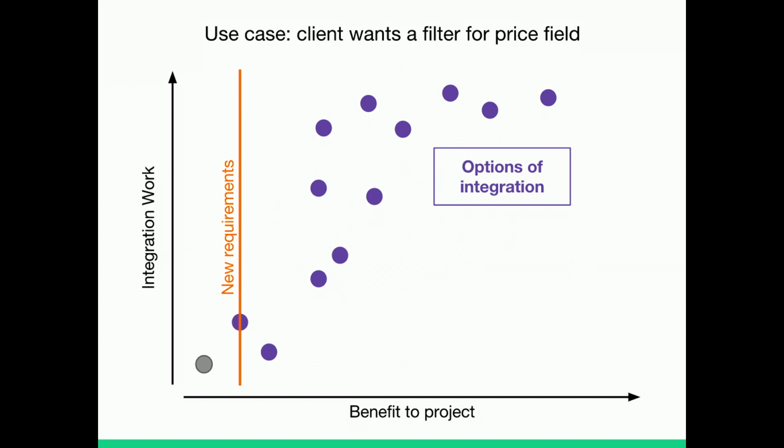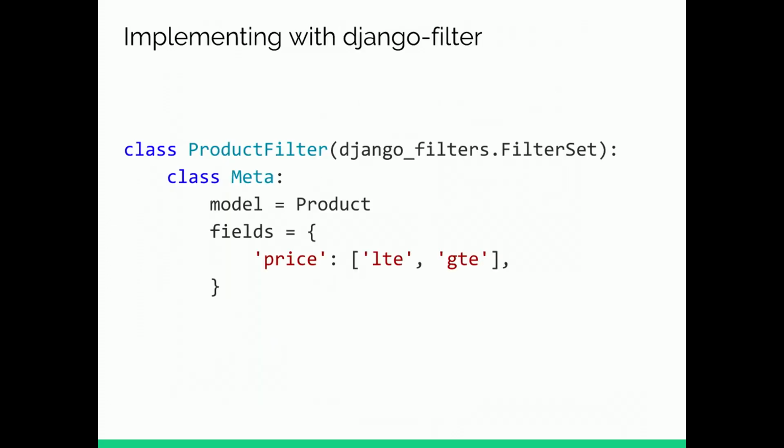Then you have new requirements that prevent you from using the simpler option of integration. Now you have to move to another option of integration. And Django Filter supports that. Using the same class, you just add new options to filter on the price field, and you are done.